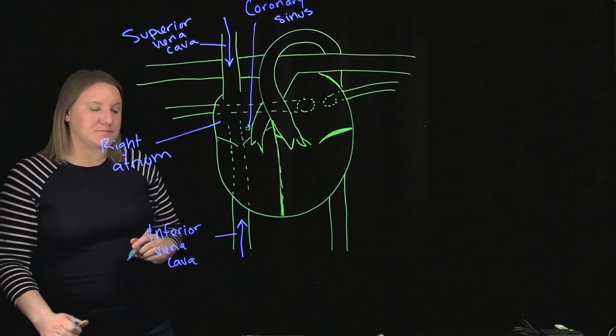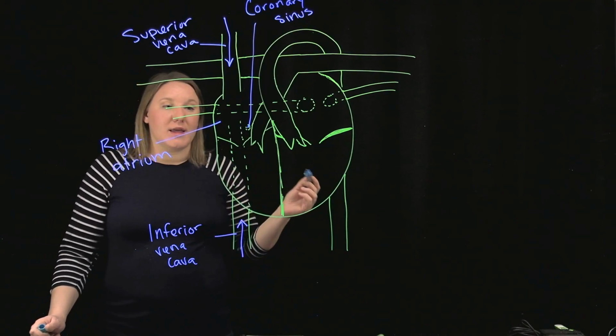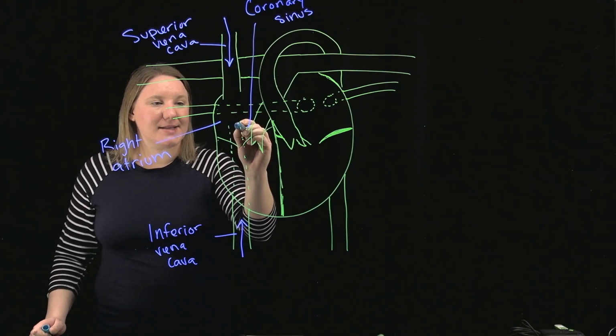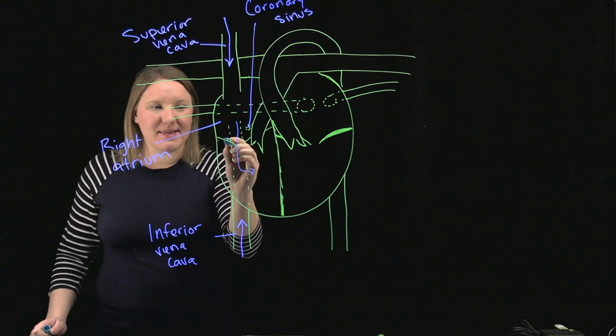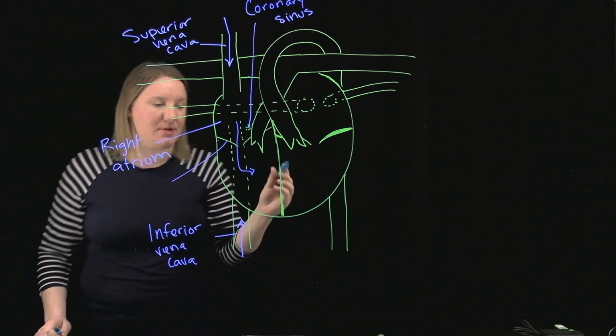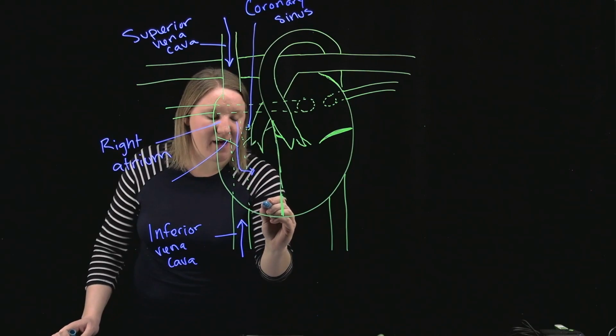After blood is in the right atrium, it is going to get pumped or flow passively through this valve right here into our right ventricle. So I'm going to label the ventricle and then we'll come back to the valve.